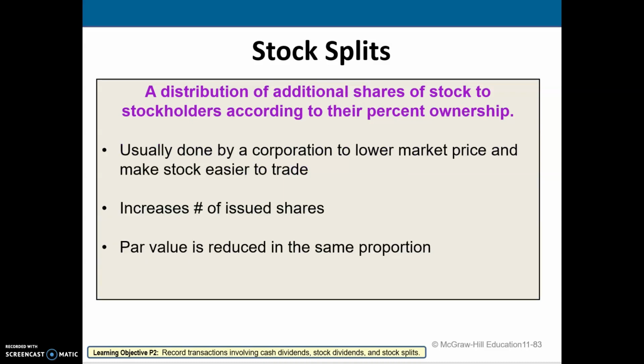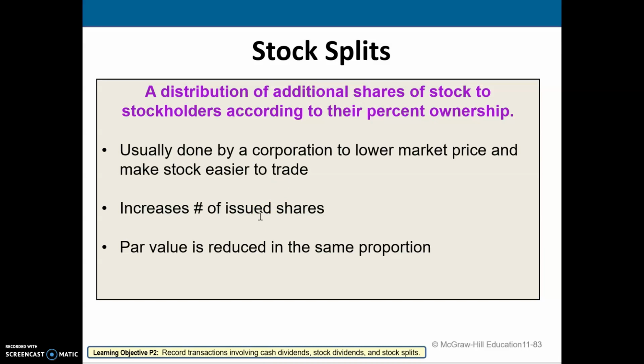And that's usually the reason for it: when the stock price gets too high, we need either a stock dividend or a stock split to bring the market price down. If we look at Amazon stock, it's thousands of dollars for 1 share. It's hard to find someone to buy a block of shares when each share is $1,000. So a stock split will bring down the market price.